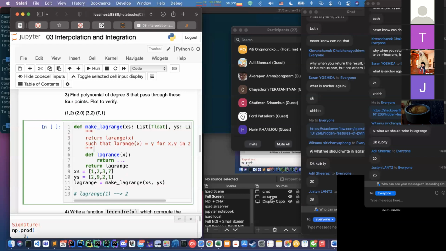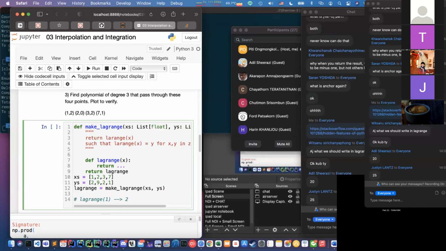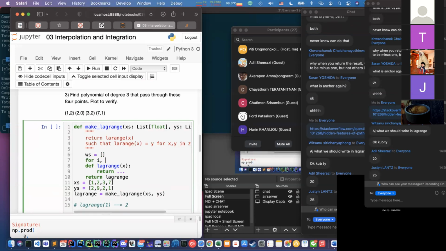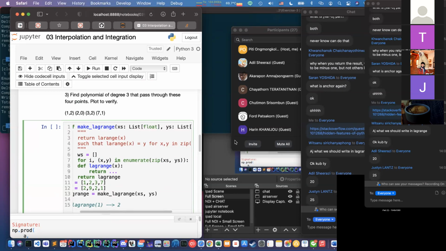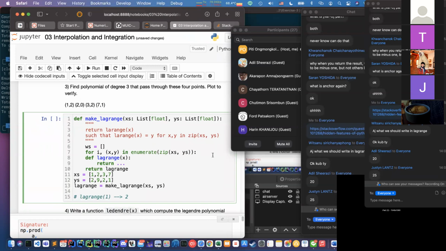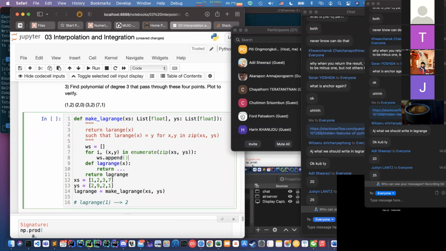Do this. I can do this in one line, but let's not do it. Just right, just need this.